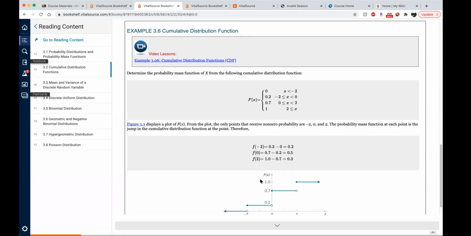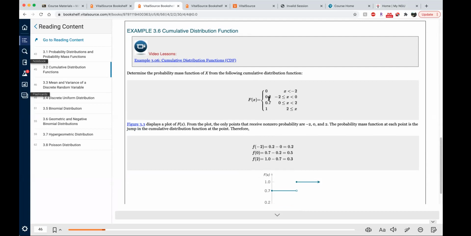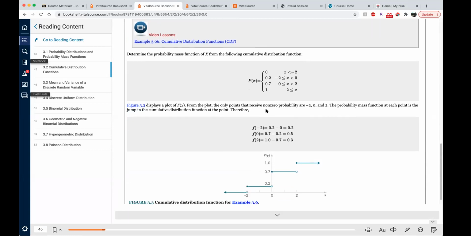Keep in mind you should know how to plot the graph of a CDF from the definition of the CDF. You can figure out the PMF by looking at the graph of the CDF. These kinds of problems will be on the homework assignment.